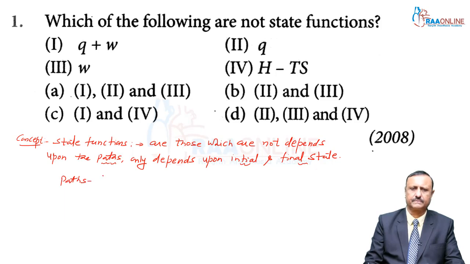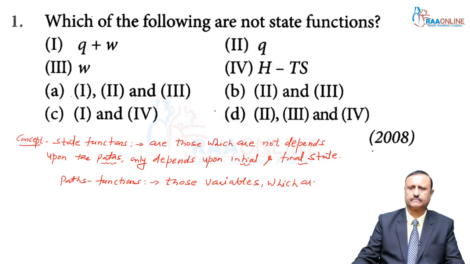Path functions are those variables which depend upon the path. It means they do not depend upon the initial and final state, they depend upon the path, how you go.